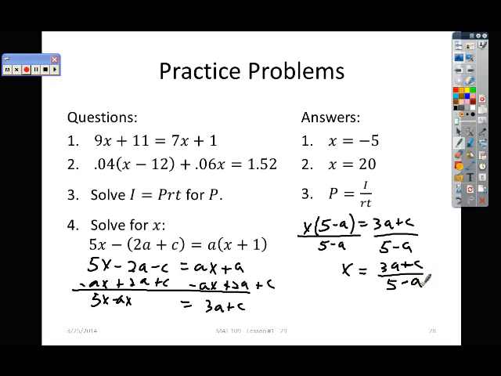It throws some people. It's tying up the x, isn't it? So we have to uncouple it from the x. How do you uncouple it from the x? Well, you're going to have to divide it.